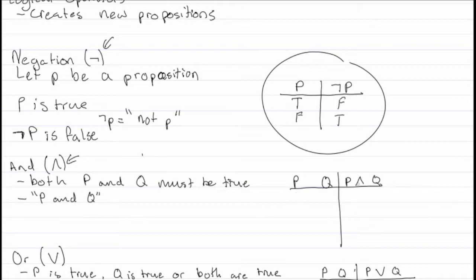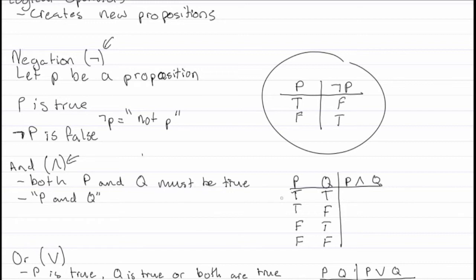So, when we add these together, let's put all the possible truth values that we can have for P. So we can have true, true, false, false. And then for Q, we can also do the same thing: true, false, true, false.